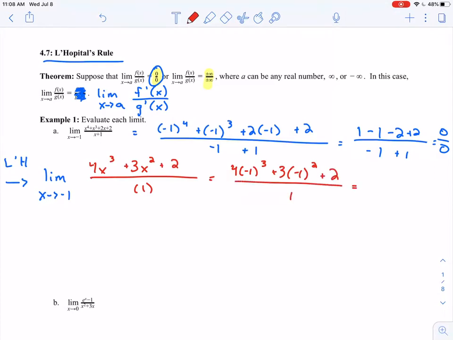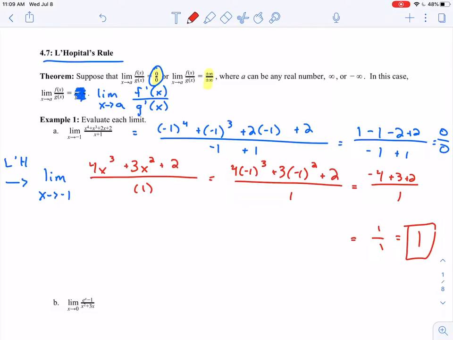Here I should end up with negative 4 plus 3 plus 2 over 1. This is 5 minus 4, which is 1 over 1, which is just 1. So that means this is my limit. Rather than relying on factoring, and we probably could have factored that numerator, we don't necessarily have to fall back to factoring here.